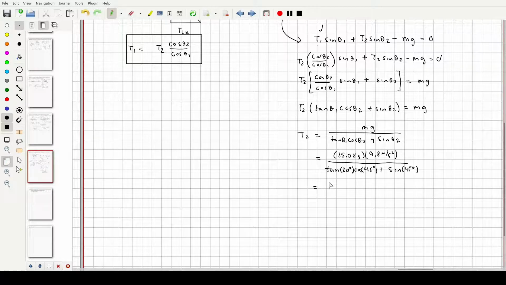This is the problem with using a cell phone calculator. So let me use a different calculator. Give me a second.